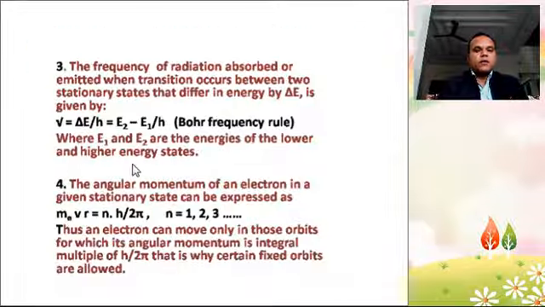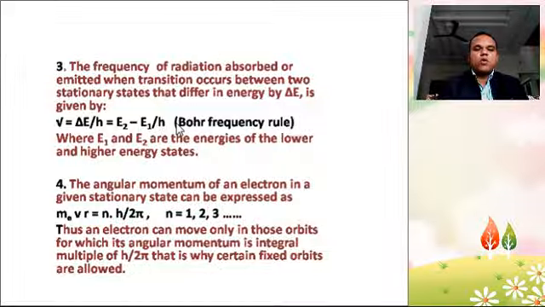Postulate 3. The frequency of radiation absorbed or emitted when transition occurs between two stationary states that differ in energy by delta E is given by the equation frequency ν is equal to delta E upon h, or E2 minus E1 upon h.